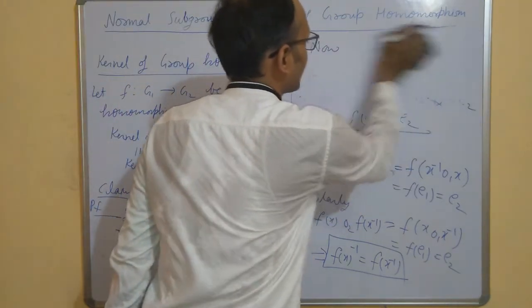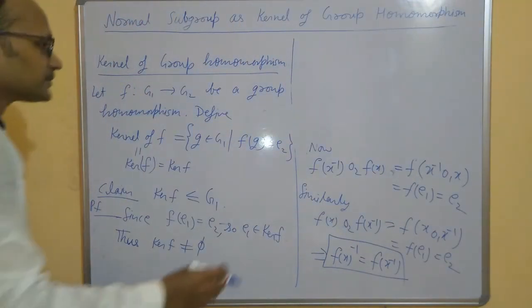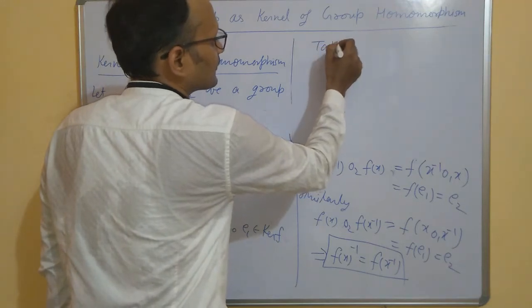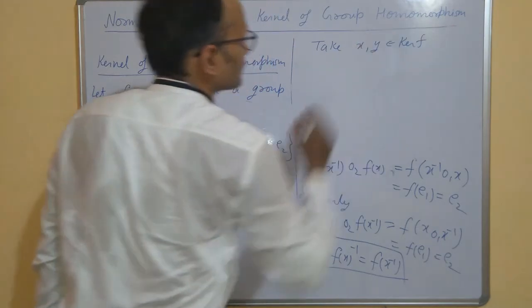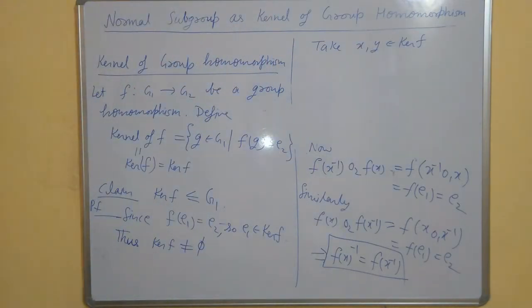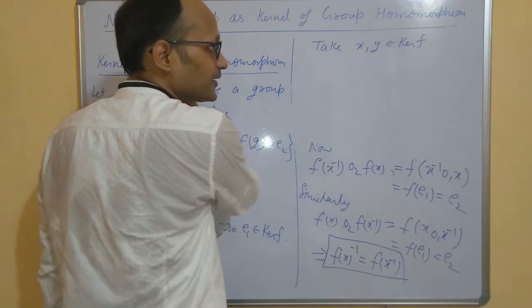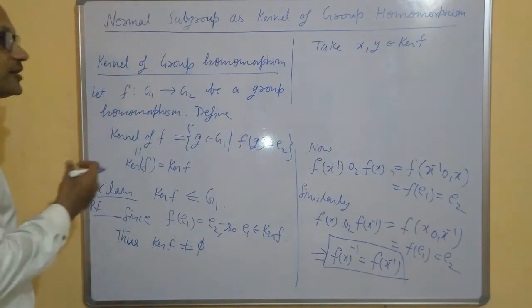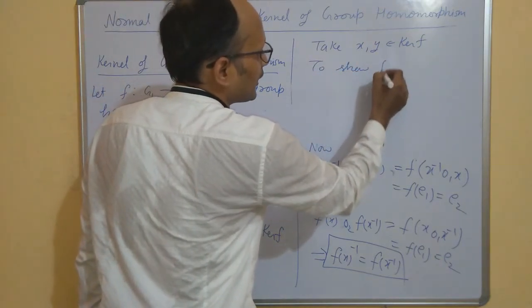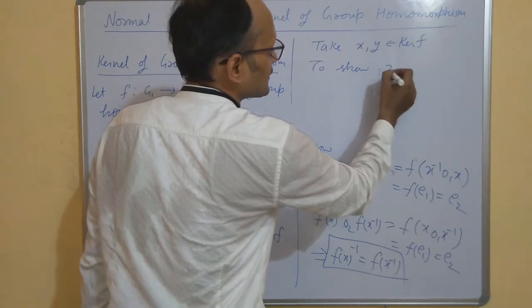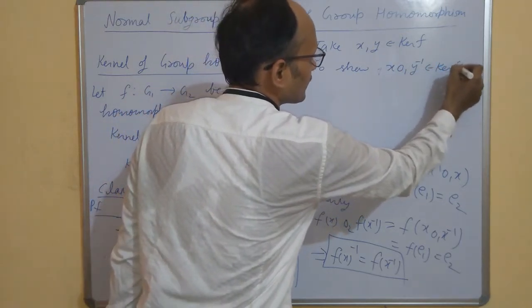Now what we will show is that, take two elements x, y in kernel of f. Then we are to show that x O1 y inverse belongs to kernel of f.